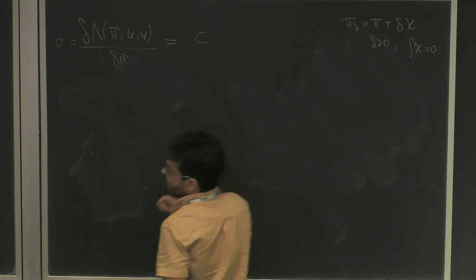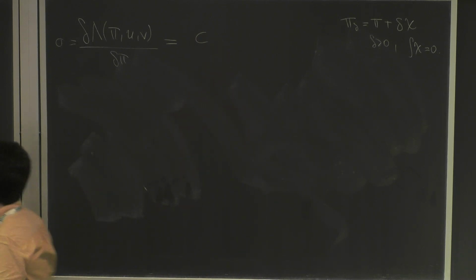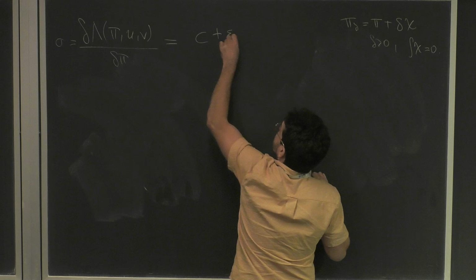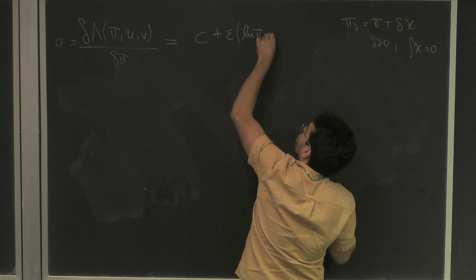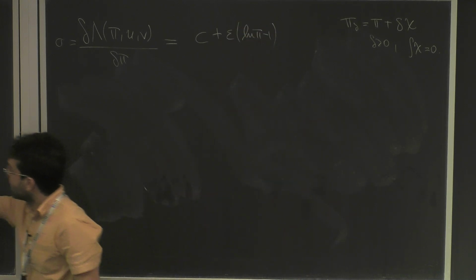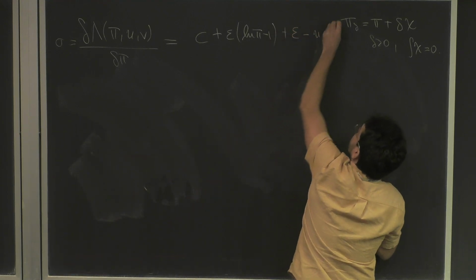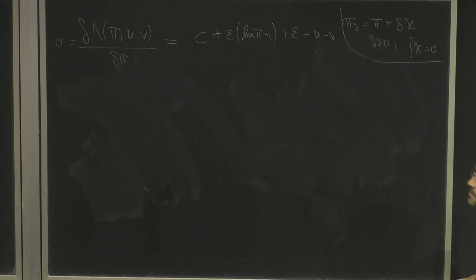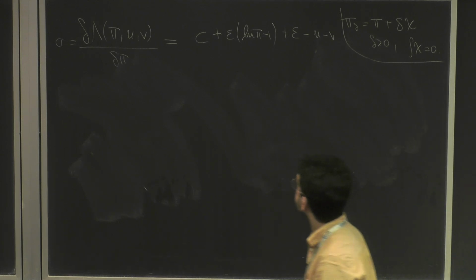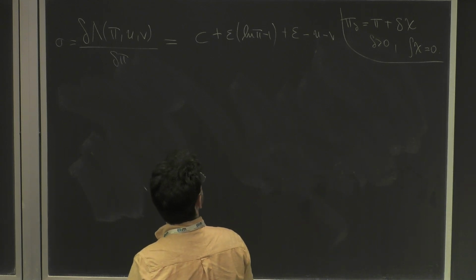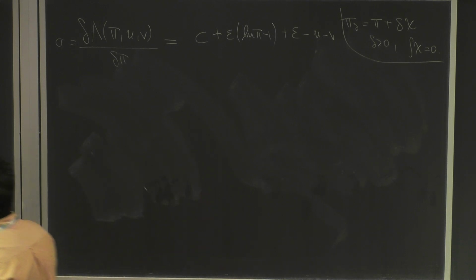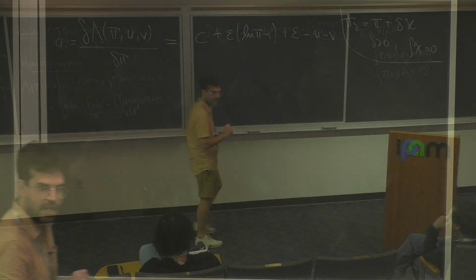So this is going to give me the cost plus epsilon log pi minus 1 plus epsilon minus u minus v. Okay? I'm being a little bit lazy. Instead of writing the integral of phi with respect to chi, I'm doing this automatically, like in the finite dimensional case.